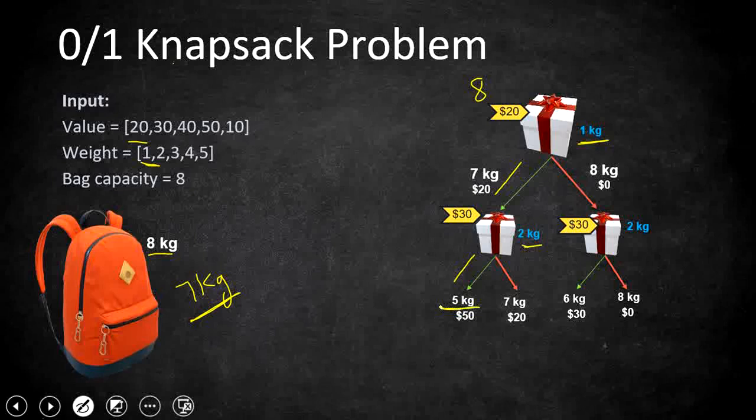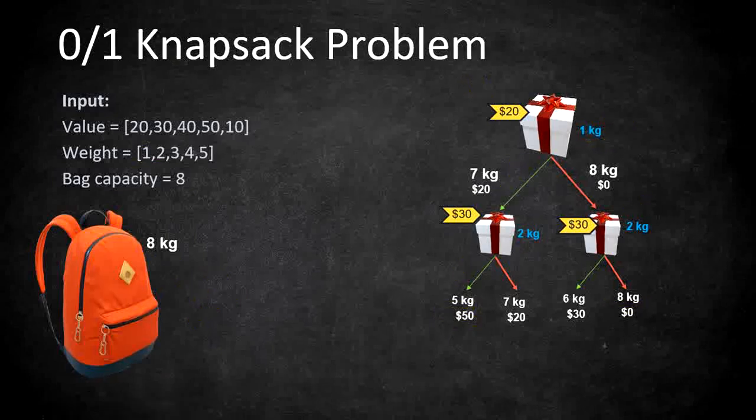So to reach this state of 5 kg and value 50, we should have accepted both the items before. The same way, if you see this side, we are not accepting the first object as well as the second object. So at the end, the maximum capacity is going to stay the same as that of the bag's capacity, and the value is going to be 0 as we have not picked any item yet.